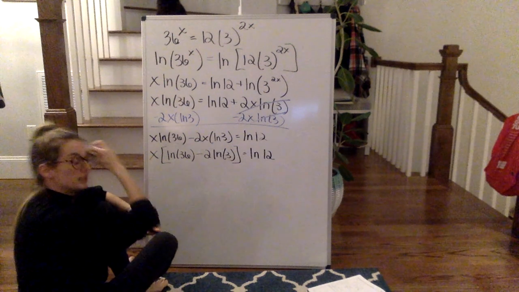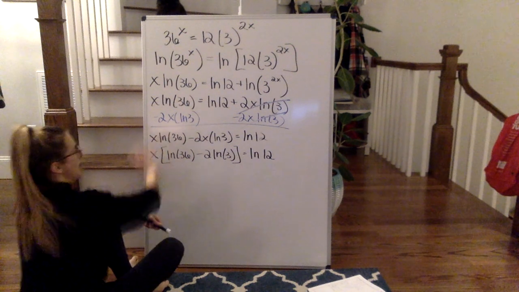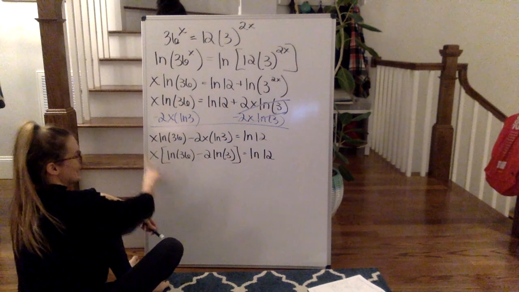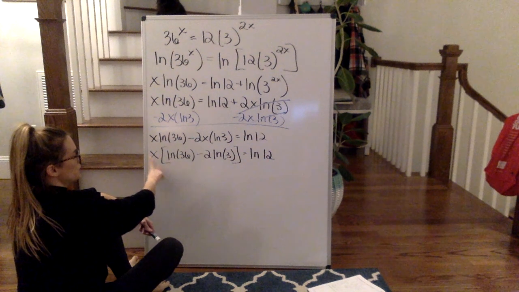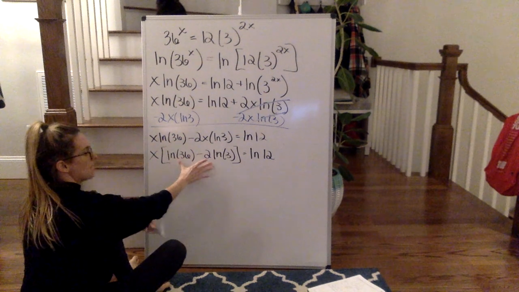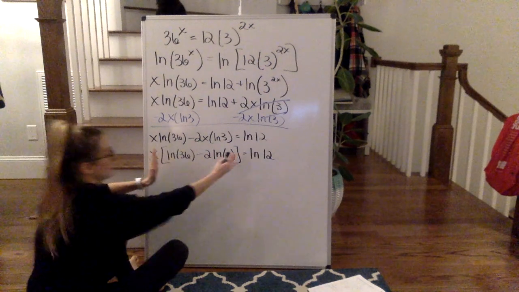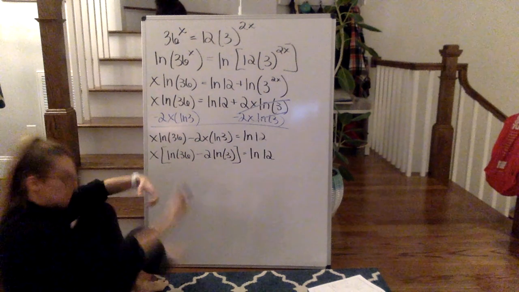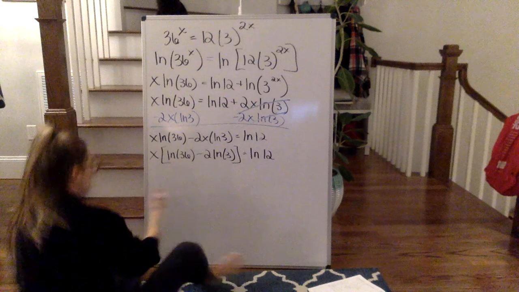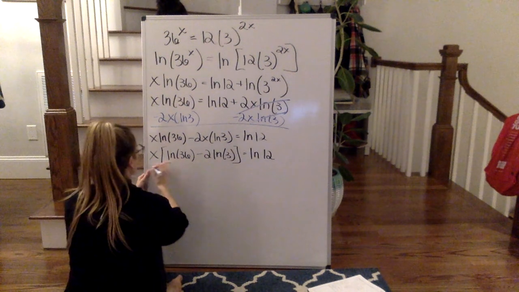Okay. So, taking a look at what we have here, I've now factored out an x from both of those terms, right? And so I want to isolate x, I want to get it alone, and to do that, I could divide the entire side of this equation by that expression, because this is x times all of that stuff. So let's divide both sides of the equation by that long expression, and then we'll work to condense it.